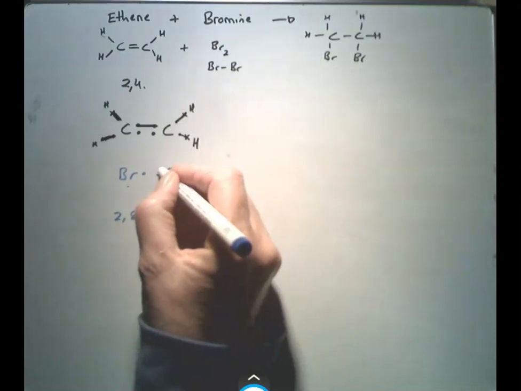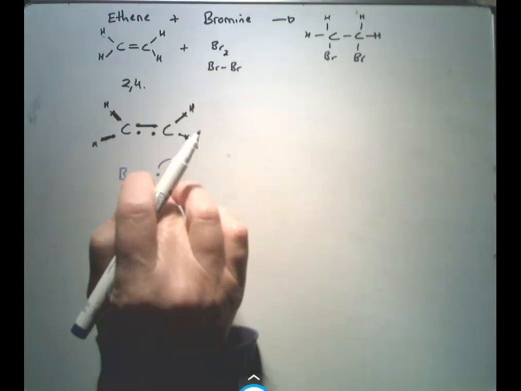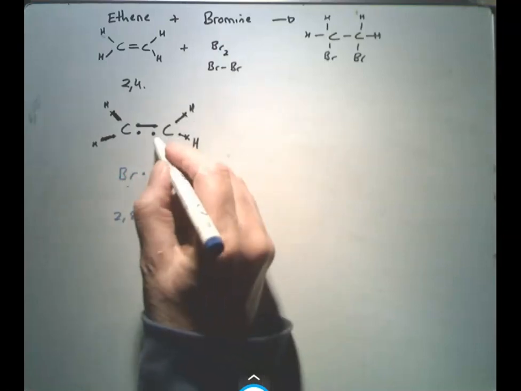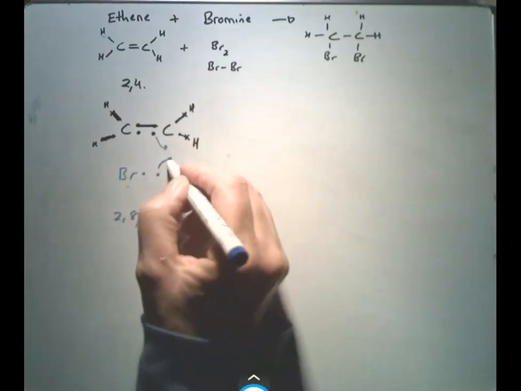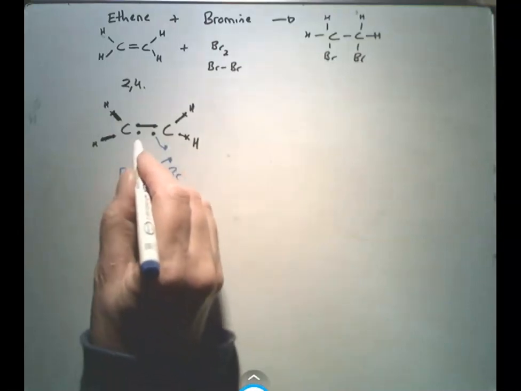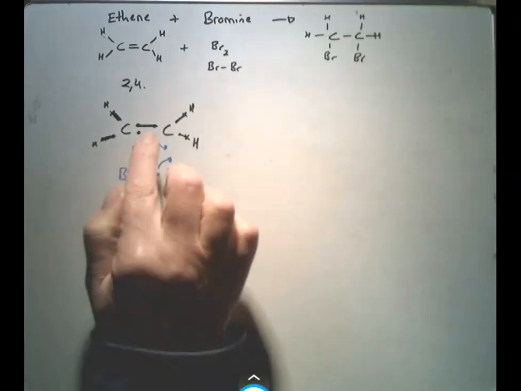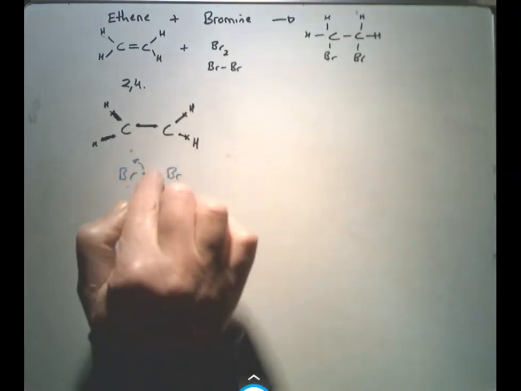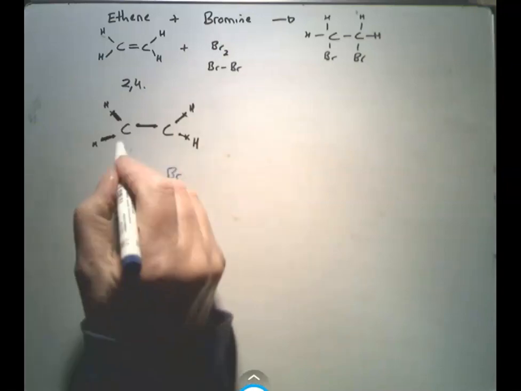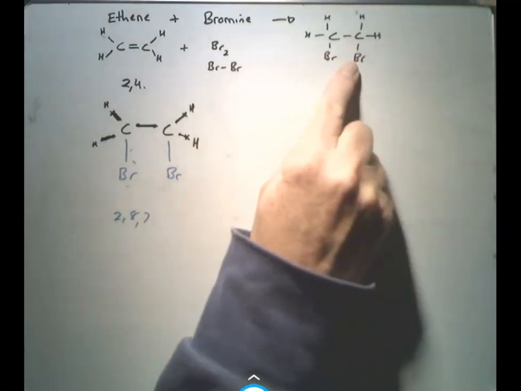Okay, so this bond breaks, this bond breaks, this bond breaks, and this electron and this electron are now being shared between the carbon and the bromine, and this electron and this electron are now being shared between the carbon and the bromine. So you end up with the carbon bonded to the bromine, which is what's happened over here.